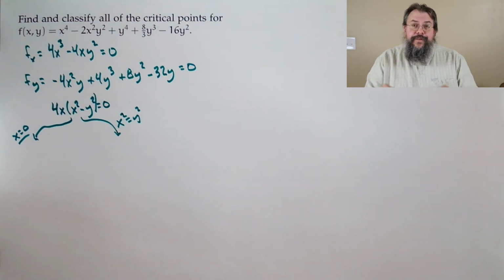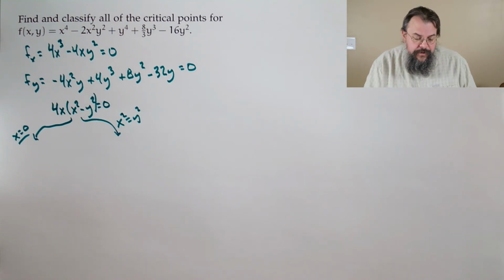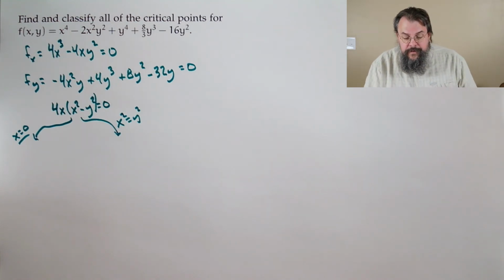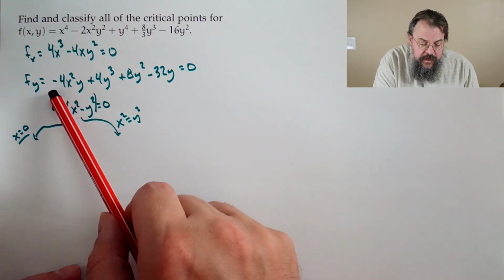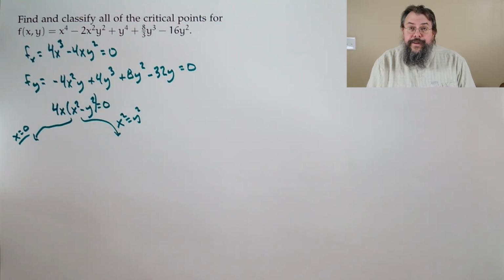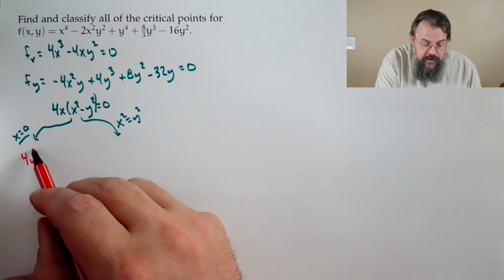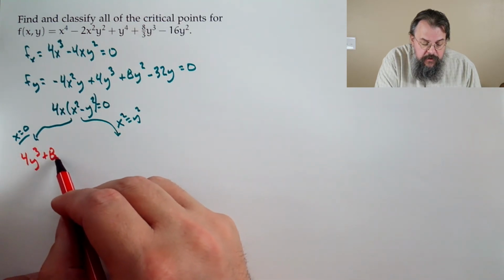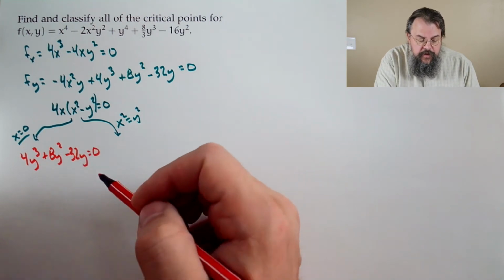All right, so let's start. I think the x equals 0 track should be pretty straightforward, but, well, maybe not. You never know. When x equals 0, coming here, it just says the first term goes away. Well, now we get a cubic. So, 4y cubed plus 8y squared minus 32y equals 0.